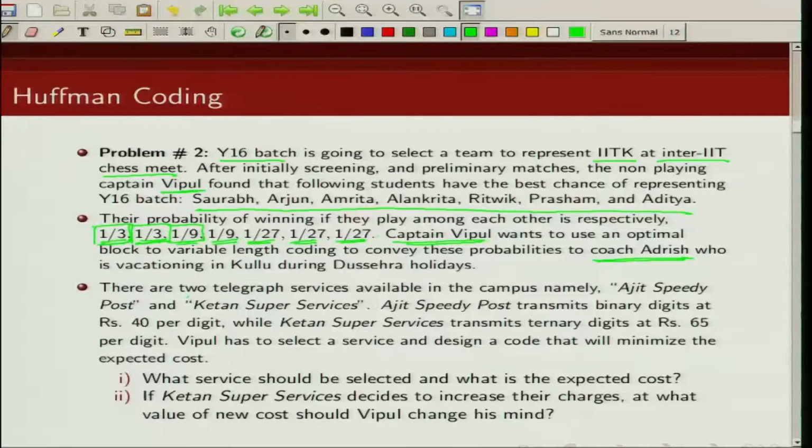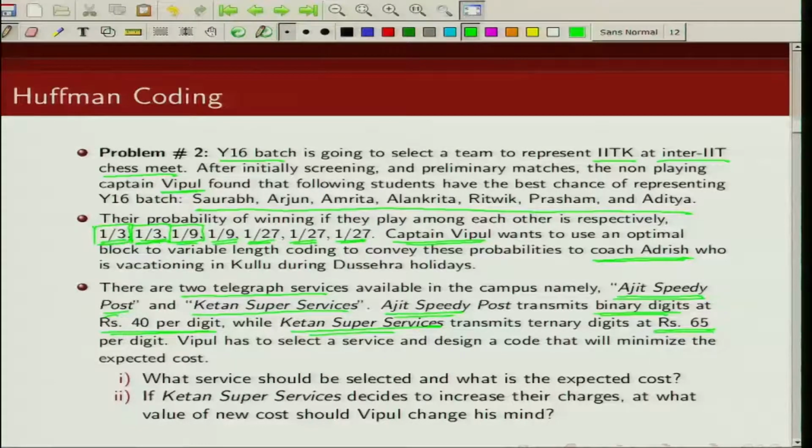Now there are 2 telegraph services in the campus. One is known as Ajit Speedy Post and the other is Ketan Super Services. Ajit Speedy Post transmits binary bits and it charges 40 rupees per binary bit, whereas Ketan Super Services charges 65 rupees per digit.